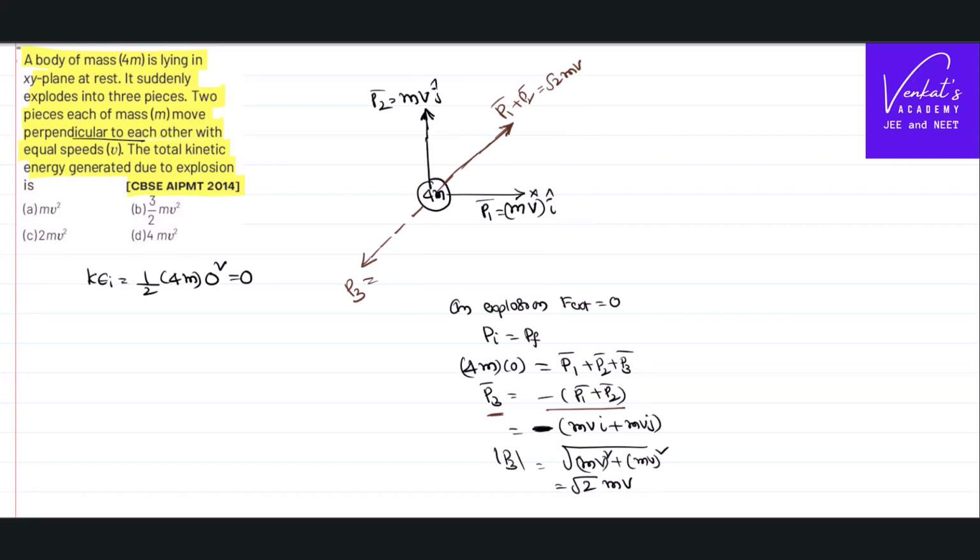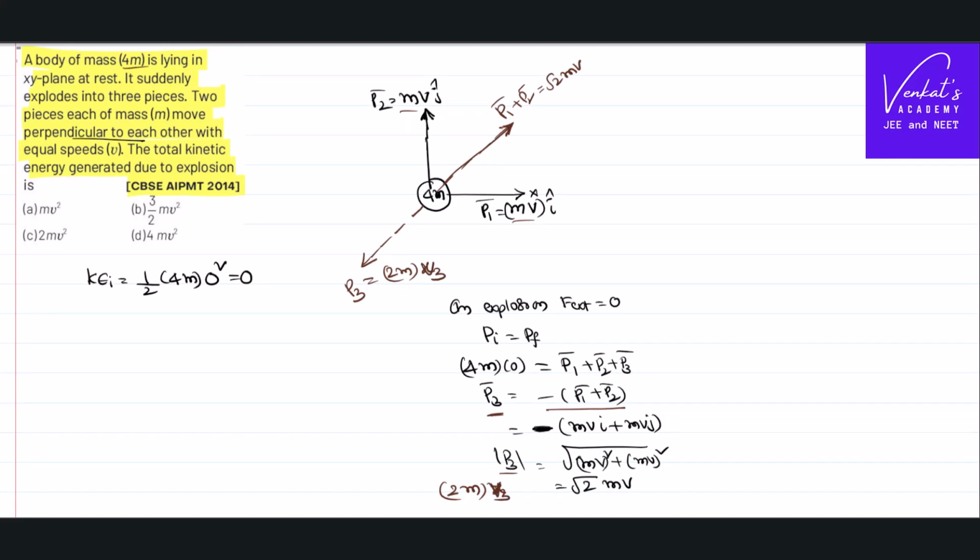How much is that P3? Out of 4m, m and m are gone, and the remaining 2m must be having some velocity. So I can equate by conservation of momentum: P3 equals 2m into velocity. Let me call it V3, just for convenience.